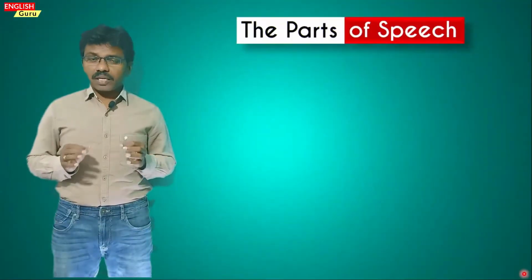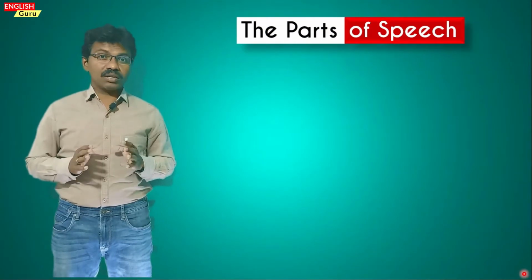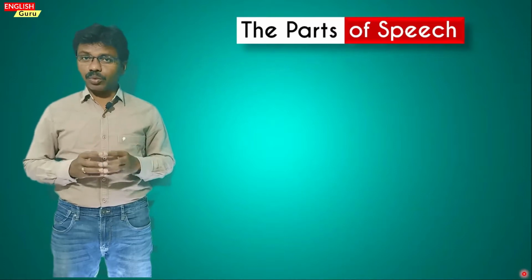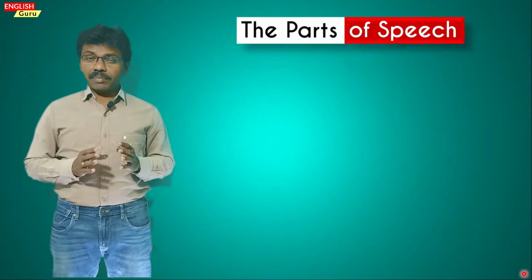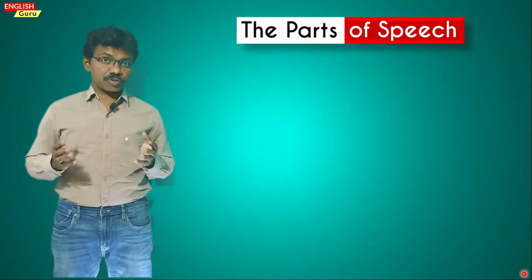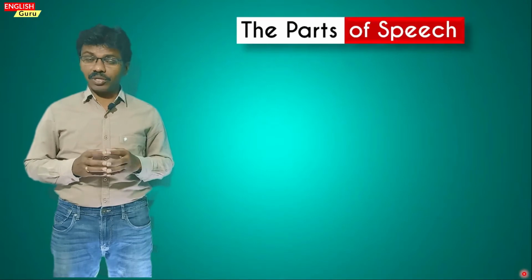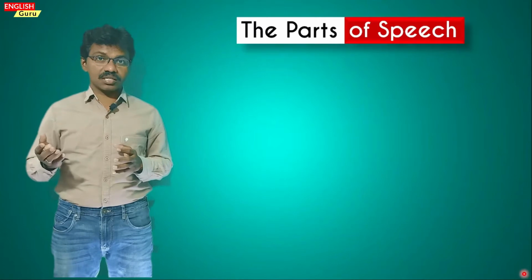Welcome back. Each part of speech explains not what the word means, but how a particular word is used in a sentence, which means the same word can be used as different parts of speech in different sentences. So one word can be a noun in one sentence, a verb or an adjective in other sentences.